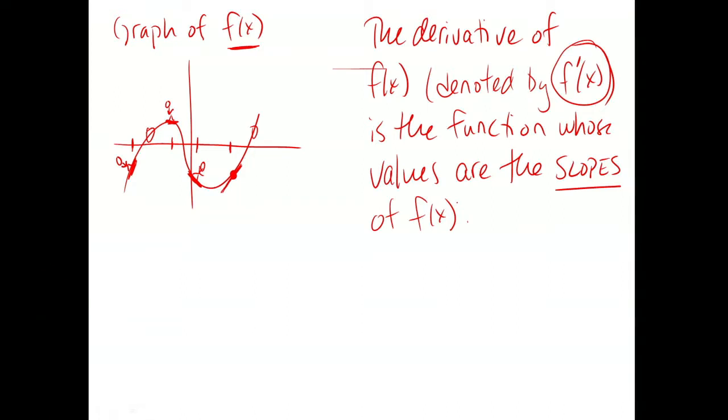Okay, so one thing I might ask you to do is to say, let's say you have a picture, or I make up a picture of f of x, which is what I did over here. And I say, from this graph alone, we don't have a formula, right? I don't know that this is x cubed plus 2x squared. I don't know what the equation of this graph is. I just made it up.